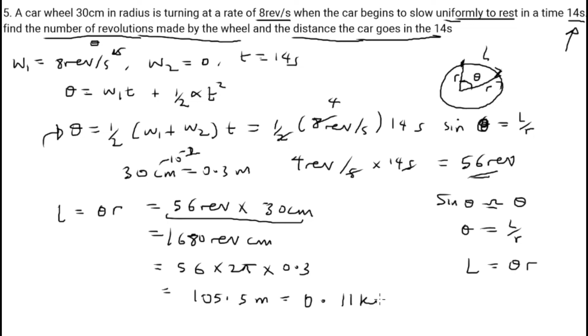0.11 kilometer. A mass of 1.5 kg out in space moves in a circle of radius 25 centimeter at a constant 2 revolution per second. Calculate the tangential speed, which is also the linear speed, the product of the angular speed and the radius.